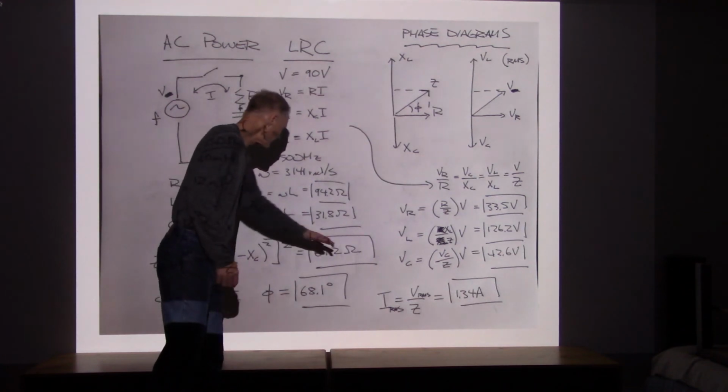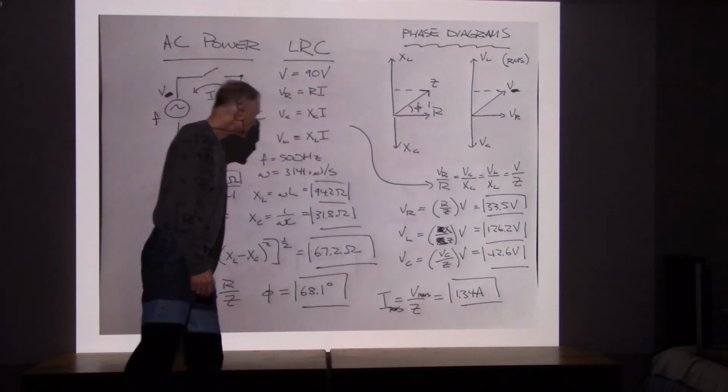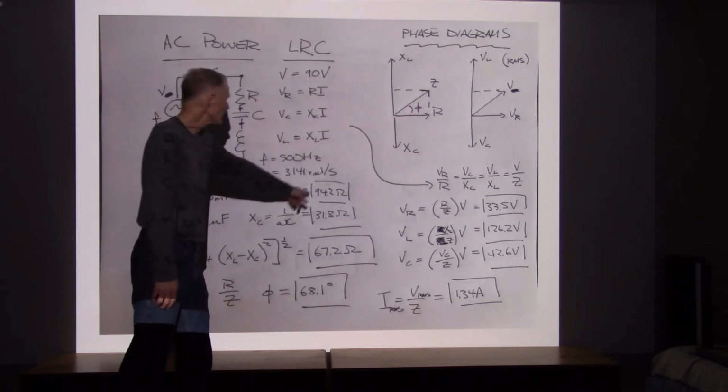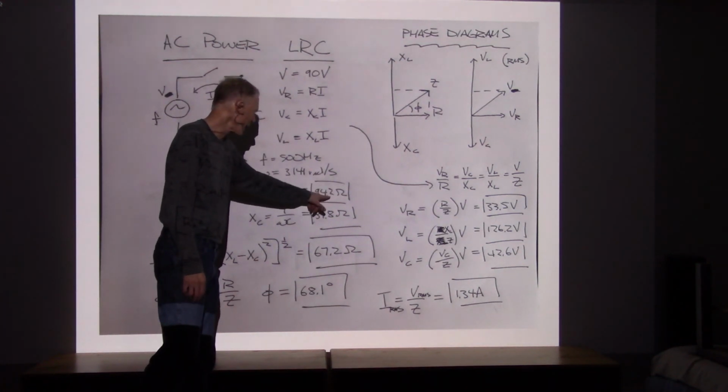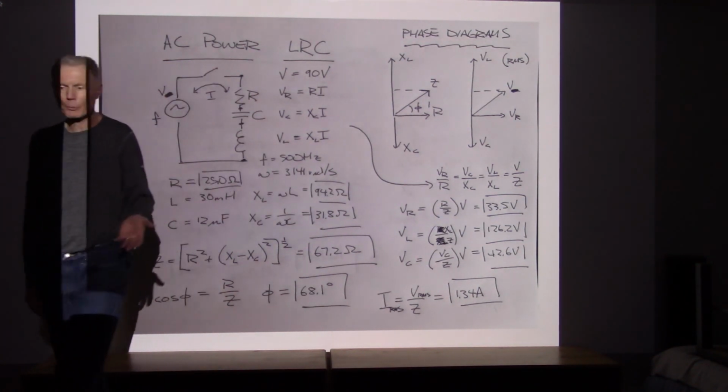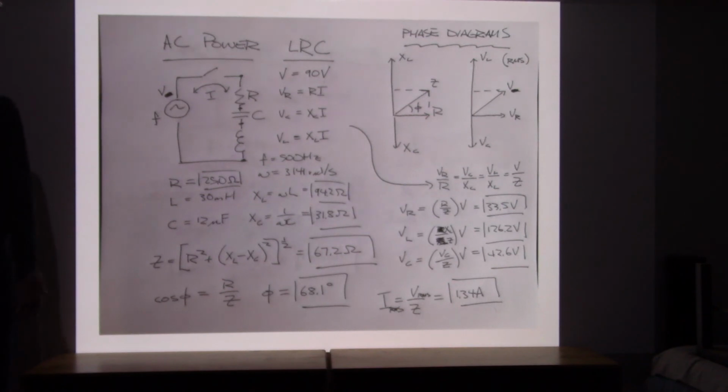Because the overall impedance is 67 ohms, but look, the inductor all by itself has a reactance of 94 ohms. Is that possible? And it is. So it's one of those cancellation effects that we talked about.